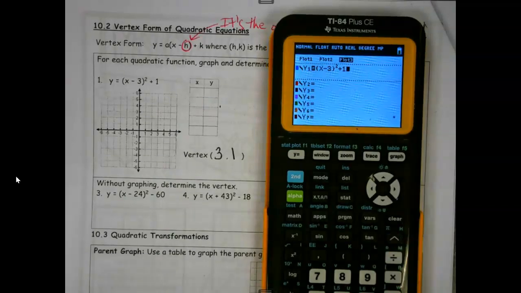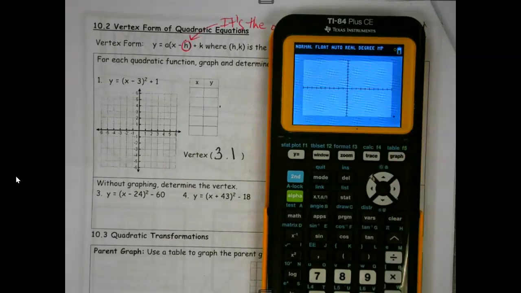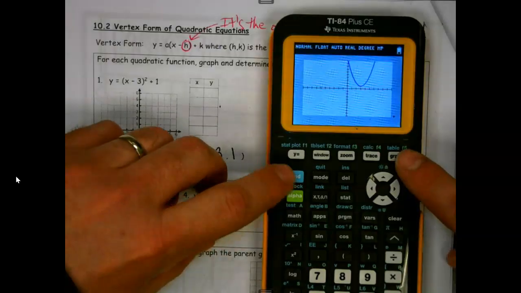So I'm going to go ahead. I like to look at the picture first, then we can kind of see. And I notice something when the picture comes up before I ever start anything else. If I start from the middle here at the origin, I've got to go right and I've got to go up to get to that parabola. So what we're going to do here is get to our chart like we always do.